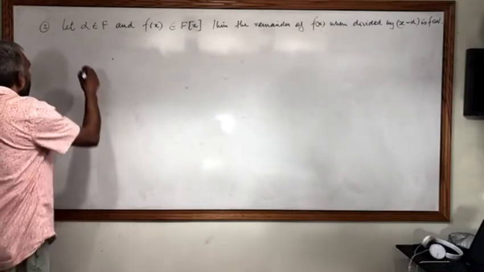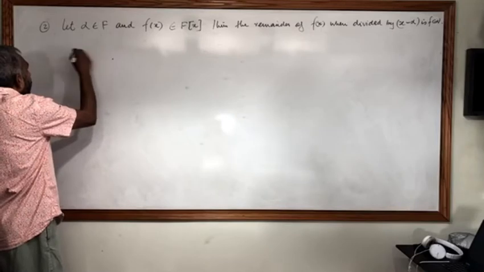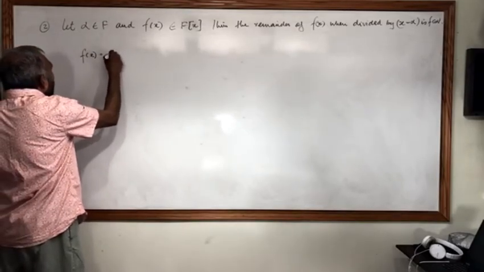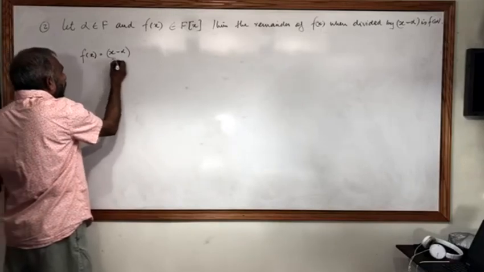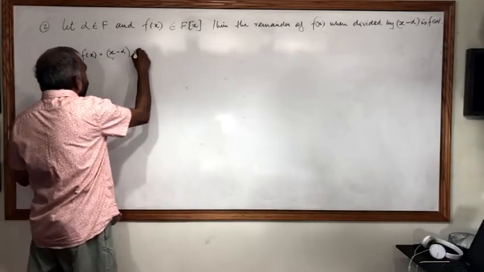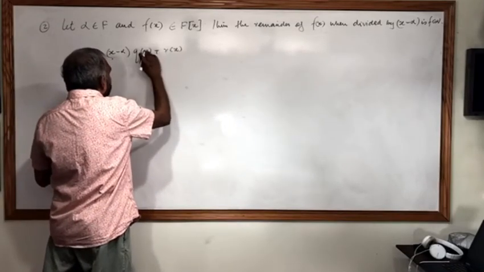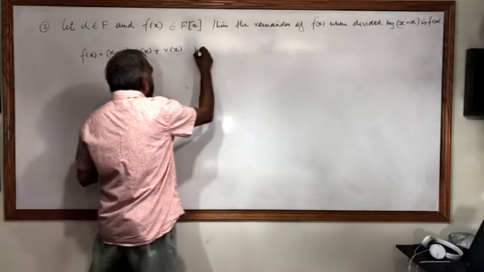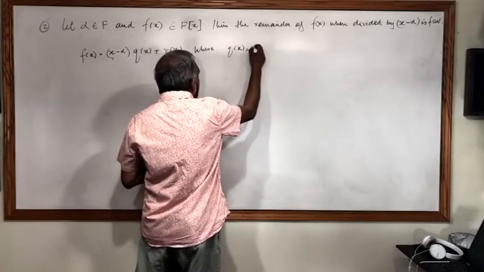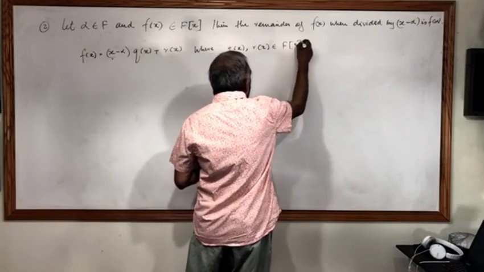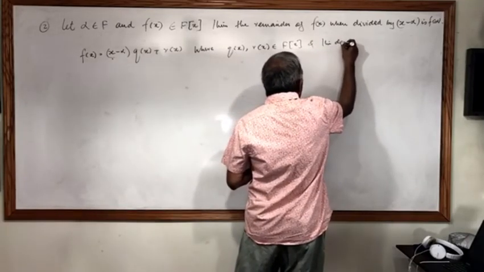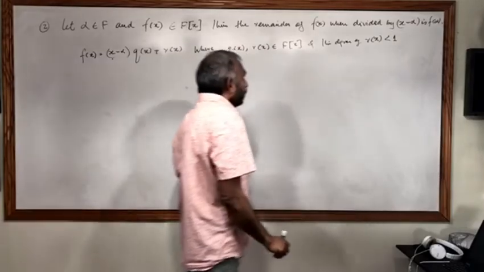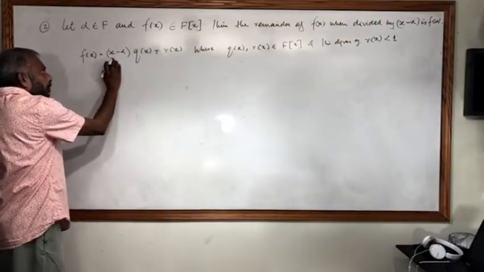So f(x) is equal to x minus alpha. We can write f(x) as (x minus alpha) times q(x) plus r(x) by the division algorithm, where q(x) and r(x) belong to F[x], and the degree of r(x) is less than 1, because we are dividing by x minus alpha.